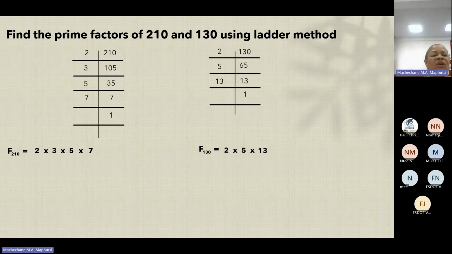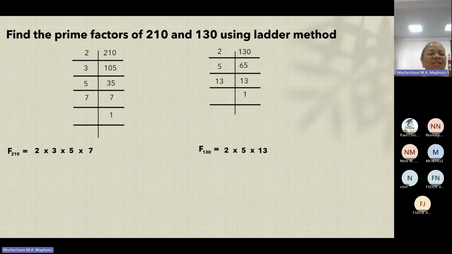Because of the 5, 3 cannot divide, so we move to the next one, which is 5. 5 goes into 35 seven times. The next prime number is 7, because 7 divides into 7 once, as you can see.